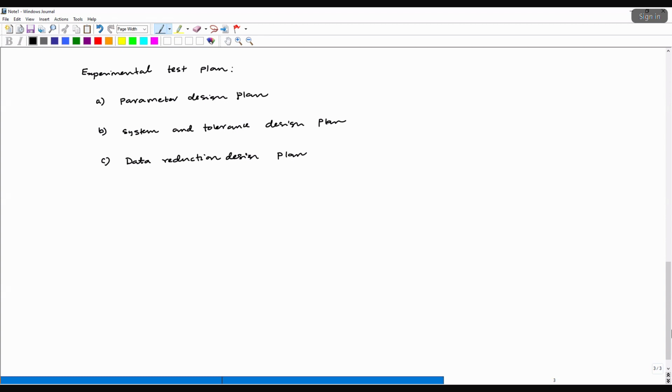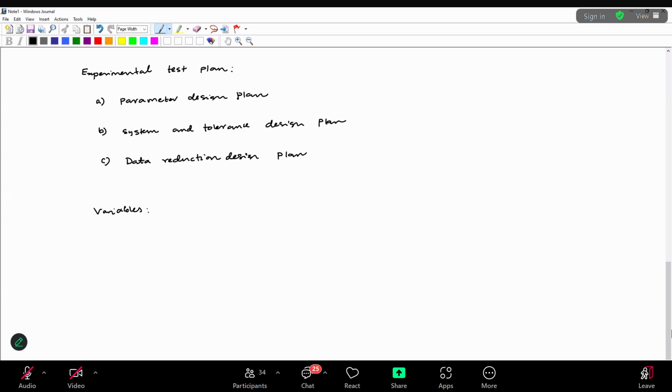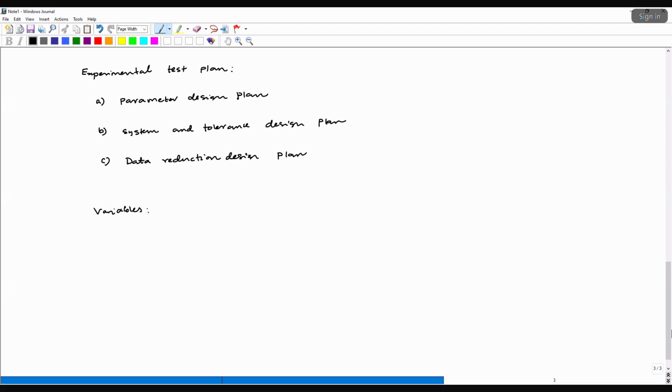And when you talk about experiments, you talk about variables. When you make some measurement, you must identify all the variables, mainly the target variables. Let's say you are measuring temperature, you must take temperature as the dependent variable.